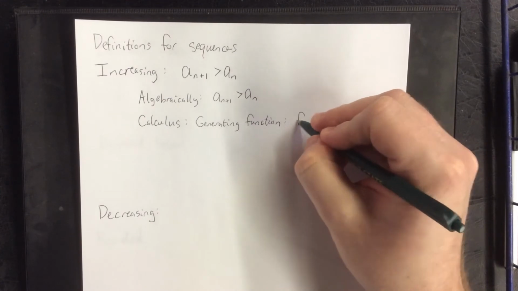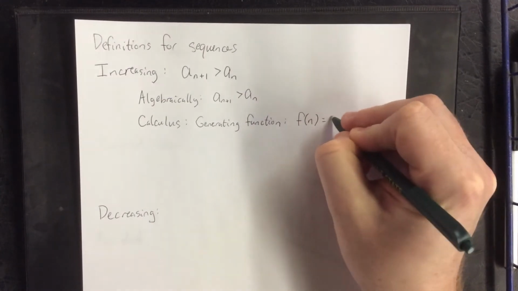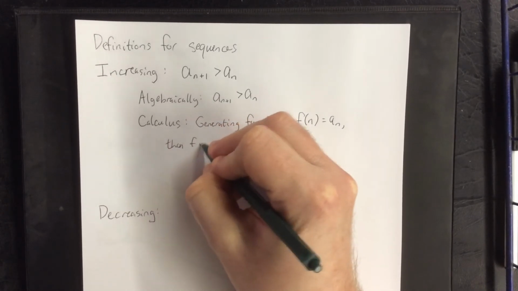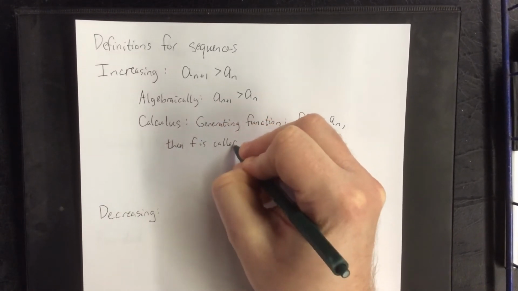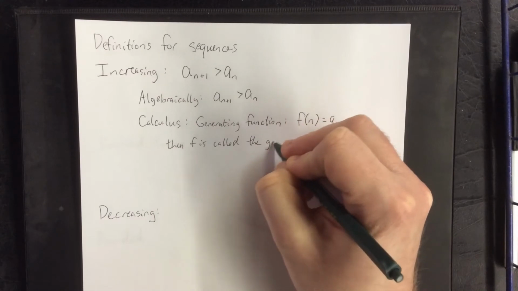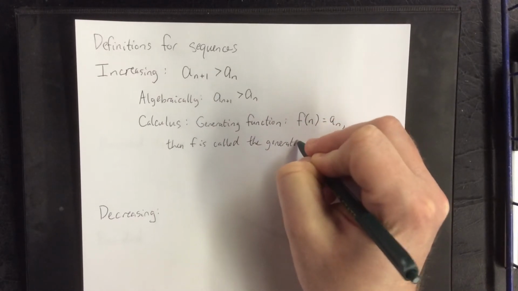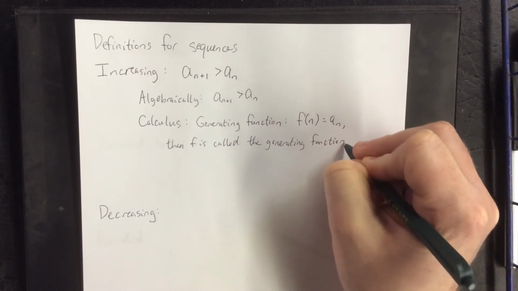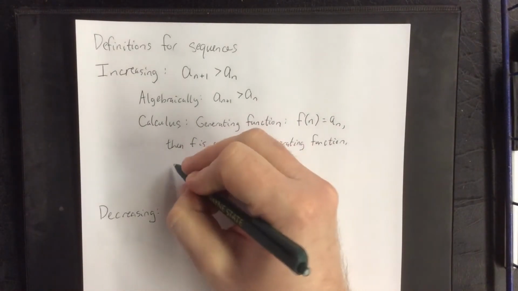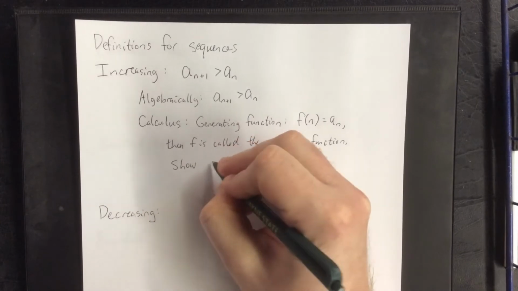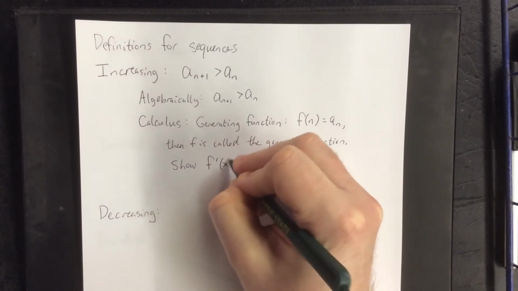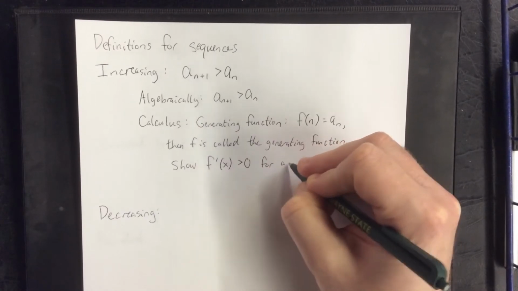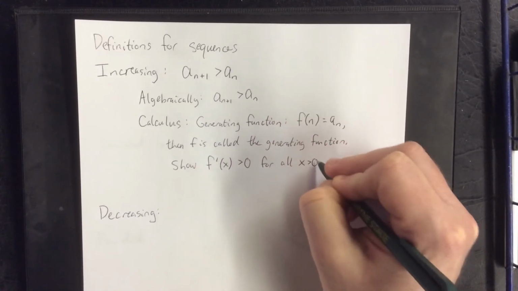So if f of n is equal to a sub n, then f is called the generating function. The way that you can prove that a sequence is increasing is show that f prime of x is greater than 0 for all x being greater than 0 as well.